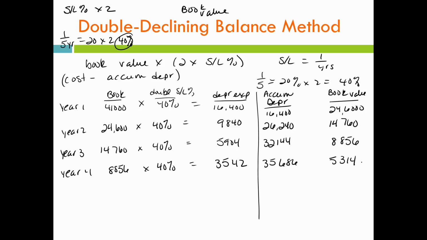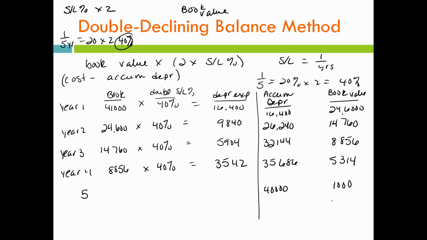Now, because I'm only depreciating this for 5 years, I need the book value to be $1,000, and I need accumulated depreciation to be $40,000 at the end of year 5, because I need these two to add up to the $41,000. I need to end with a book value.